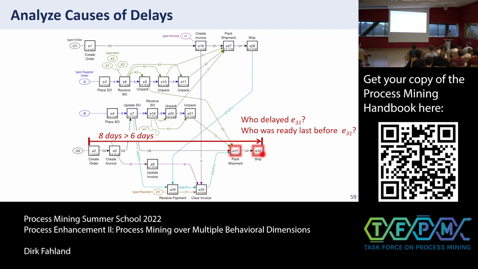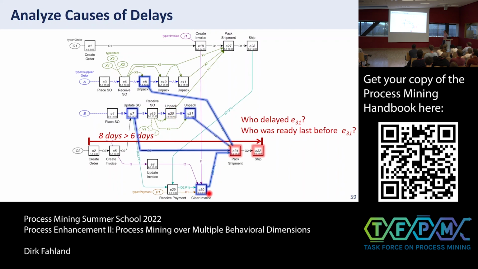Well, E32 only has one direct predecessor, that's E31, the packing shipment. But who delayed E31? Well, these are those events where I have incoming edges. Who was ready last before E31? E30.